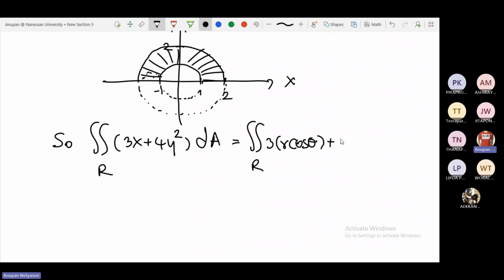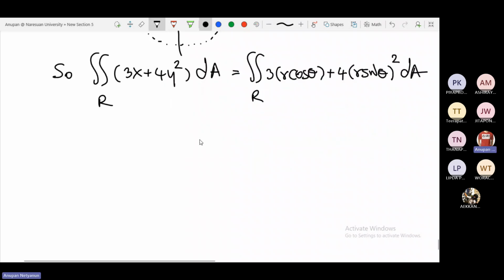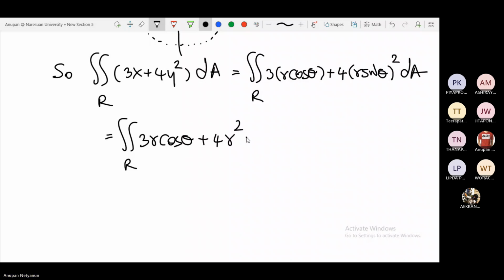Plus 4, but y is r sine theta, and then you have y squared, right? And dA. Now let me simplify. 3r cosine theta plus 4, and the square belongs to this too. So you have r squared sine squared theta dA.